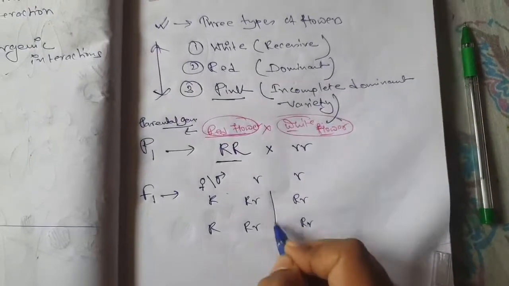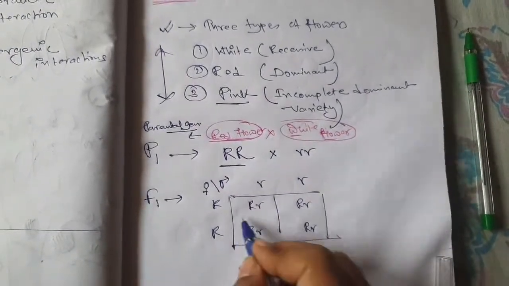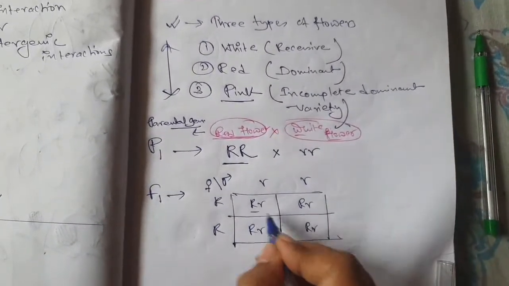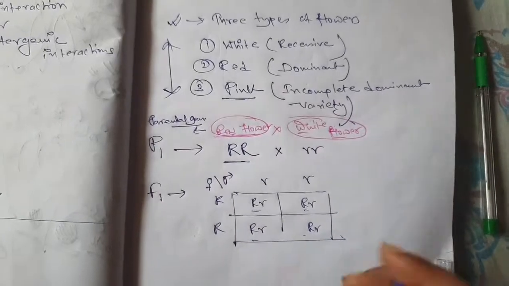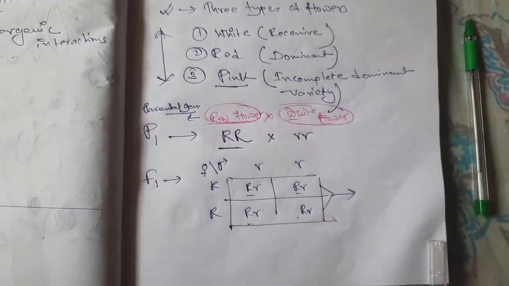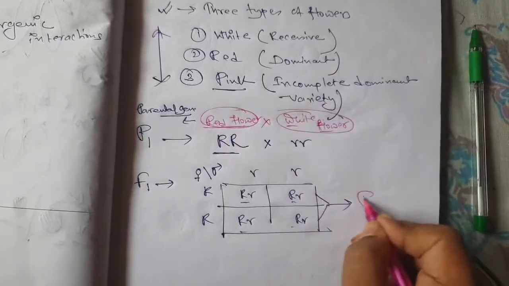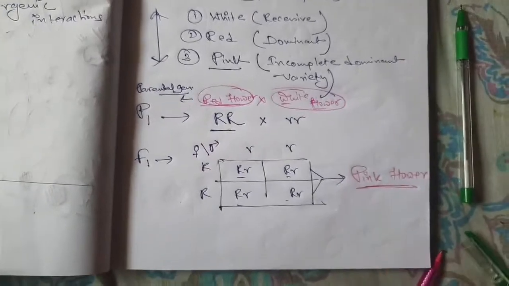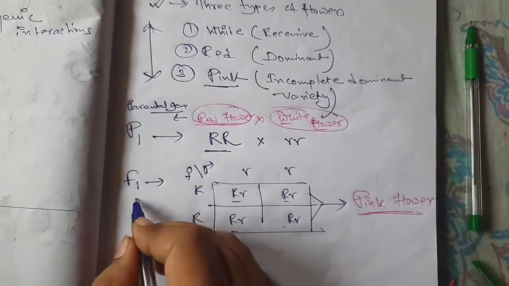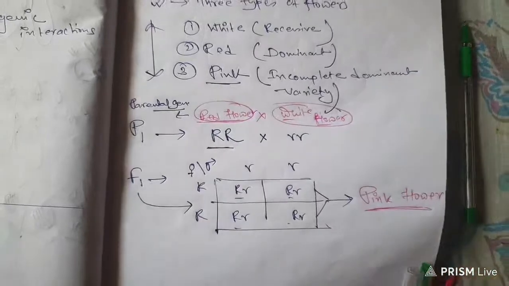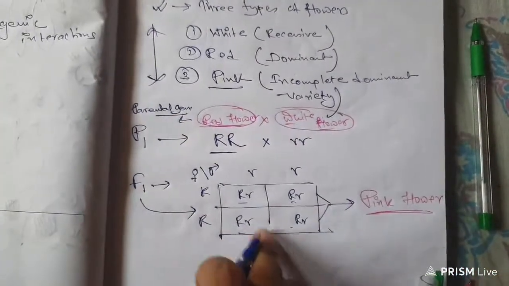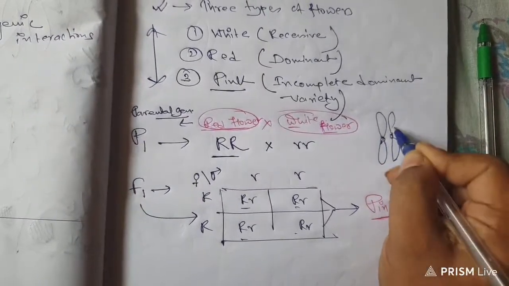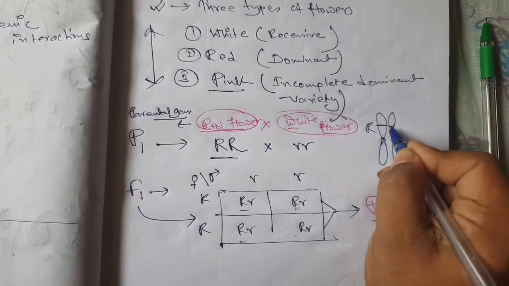Everybody knows that. However, according to Mendel, you will expect these plants to show red flower, right? But no, all of them are going to show pink flower. In the offsprings, the F1 generation, the homologous chromosomes contain R and r.